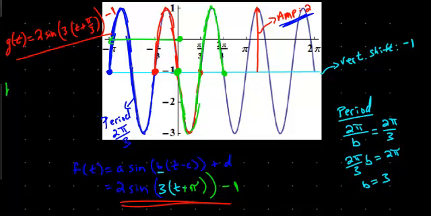So h of t equals negative 2 times the sine of just 3t, because if I think of it as starting here, it's not backed up anywhere, so there's no horizontal shift, so it's still 3t minus 1. Okay, so that's the third representation of this function.